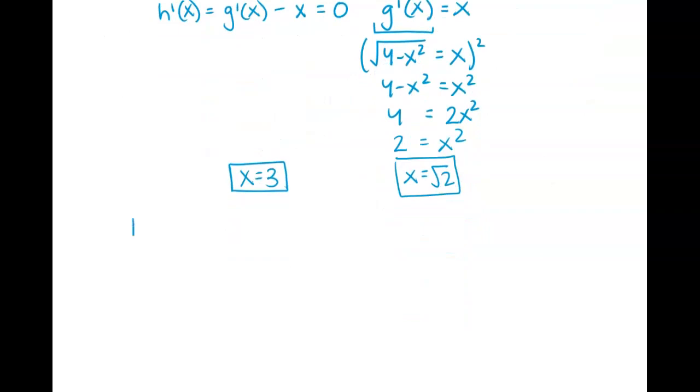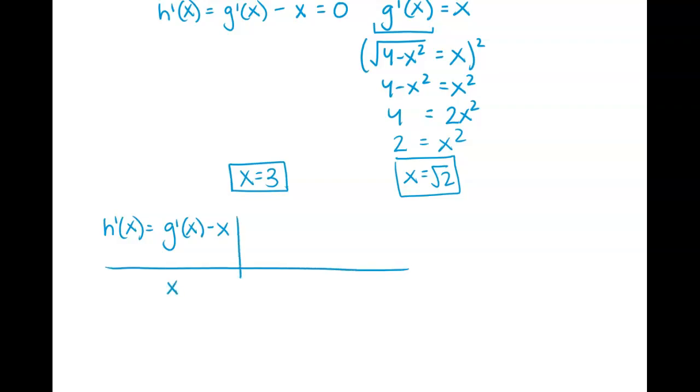So we'll make a little table. So h prime, well, I'm going to erase here. H prime of x, which is equal to g prime of x minus x, and we'll also look at x. So we know that h prime of x is 0 at square root of 2 and 3.